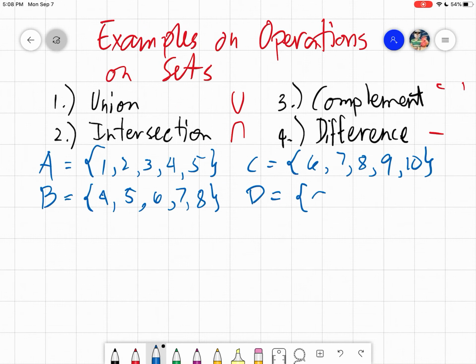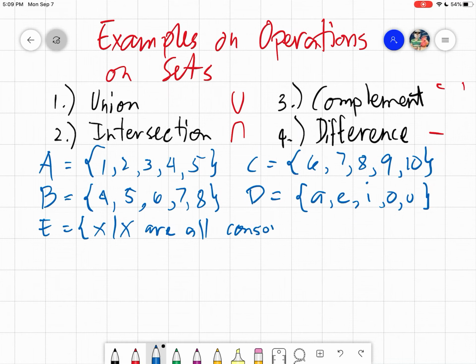And set D, which is of course E, I, O, U. And then we have set E, which we will write using set builder notation: x, such that x are all consonants.